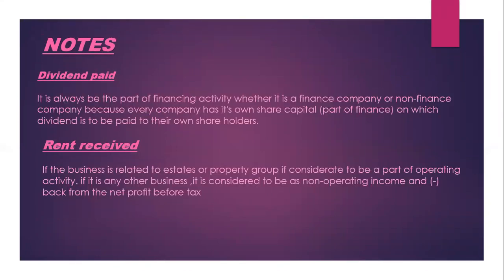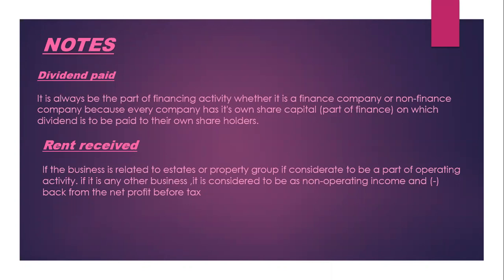There are certain additional points that are to be taken into consideration while maintaining a cash flow statement. They are as follows. Dividend paid is always part of financing activity, whether it is a finance company or non-finance company, because every company has its own share capital on which the dividend is to be paid to its shareholders.